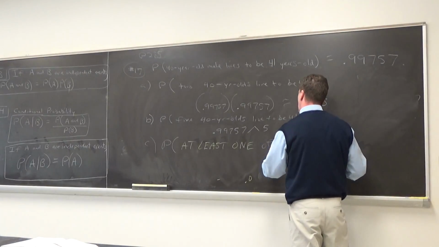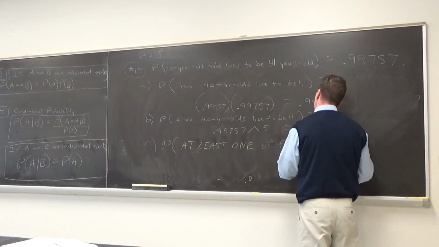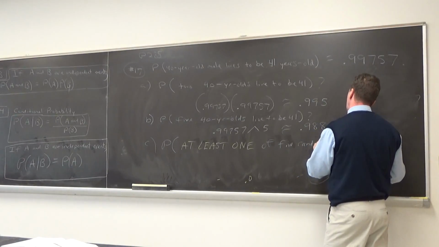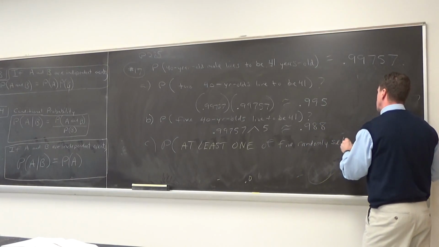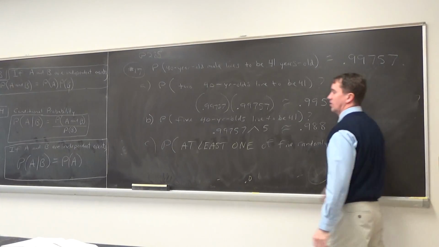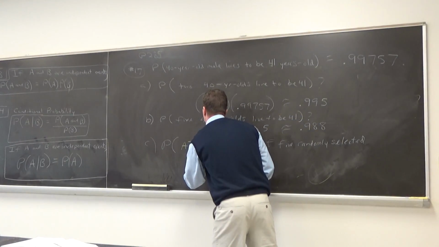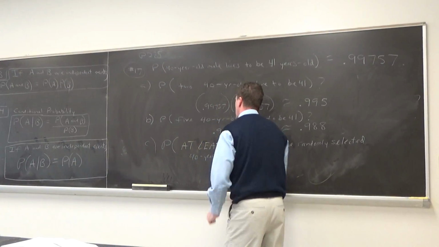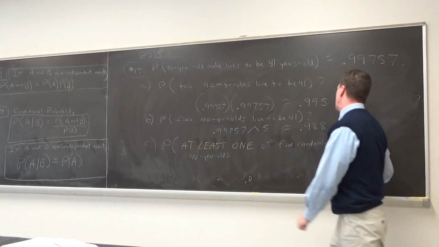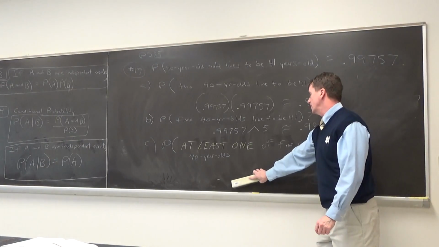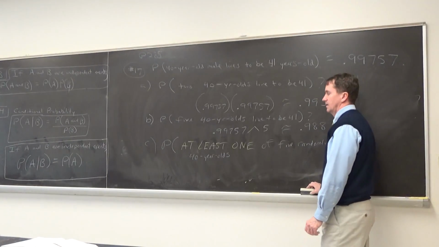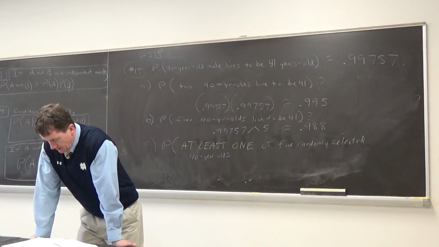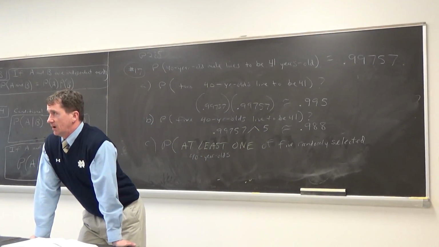So probably at least one of 5 randomly selected people who are 40 years old. These are all males. What's the probability at least one of 5 randomly selected 40-year-old males, everyone, the author wrote this, does not live to be 41.